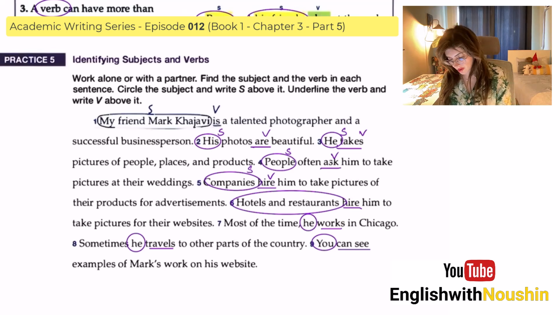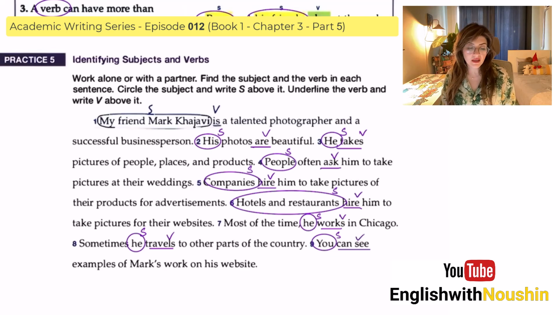Hotels and restaurants, subject, hire, verb. Most of the time he works in Chicago. He, subject, works, verb. Sometimes he travels to other parts of the country. He, subject, travels, verb. And number 9, you, subject, and can see is the verb.